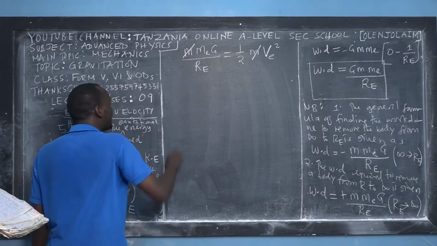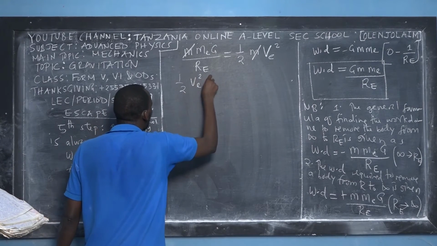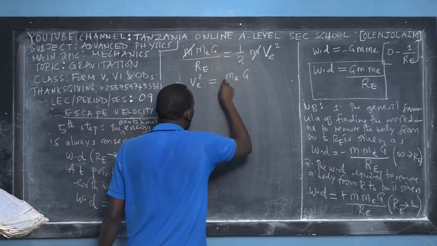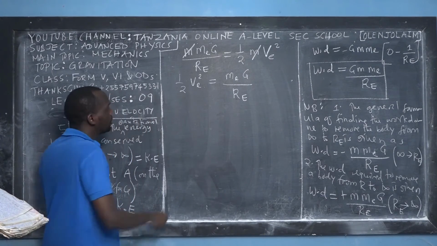So we enjoy the beauty of physics like this, right? I'm very happy because I have taken you to the beautiful concept of gravitation and the radius of the Earth.